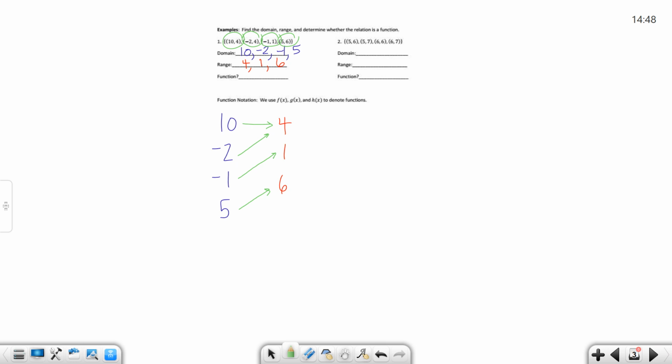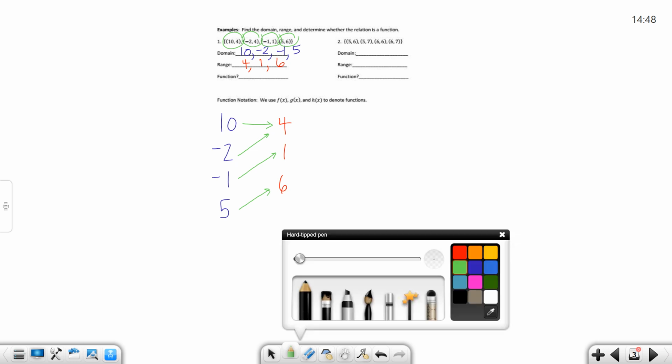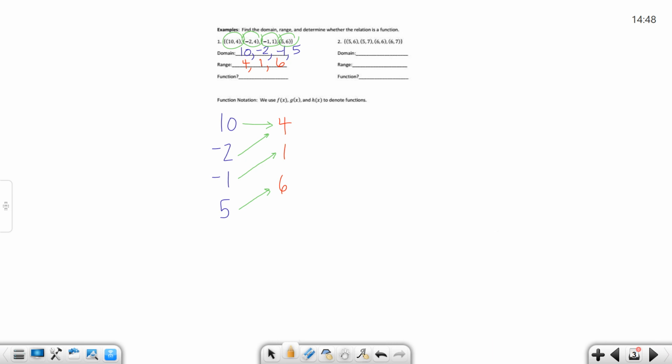Now go back to my definition earlier. For every x, there's exactly one y. So let's look at this relationship. 10 corresponds to 4. So 10 corresponds to exactly one number. -2 corresponds to 4. So -2 goes to exactly one number. And people often say, but the 4 has more than one number.